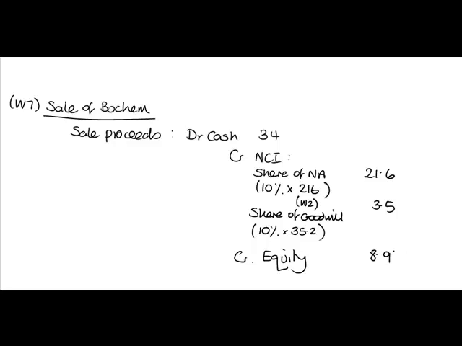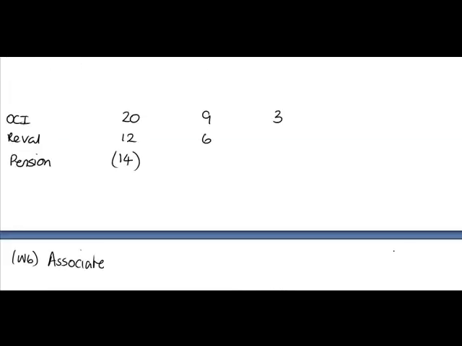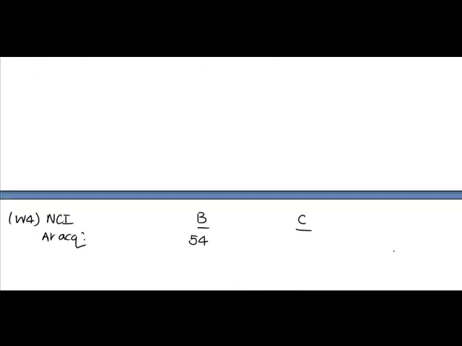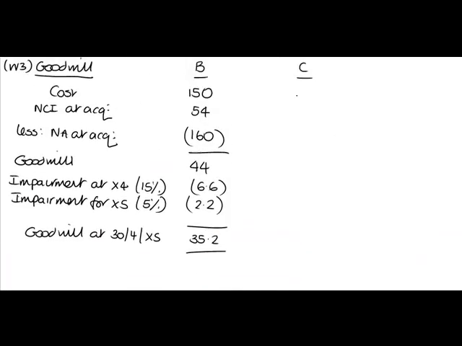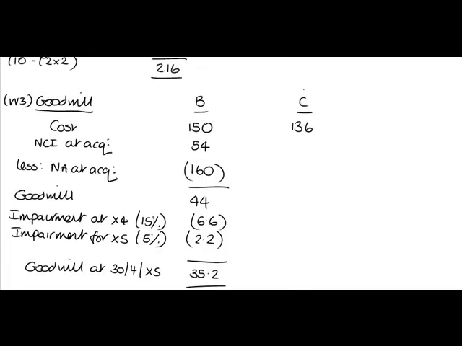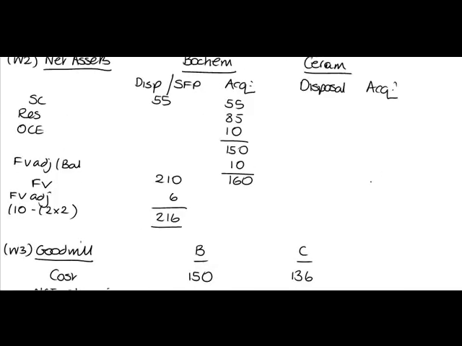And it says that Bockham acquired 80% of Ceram on the 1st of May X3. The purchase consideration was 136. So into our goodwill calculation, I stick a figure of 136. The net assets had a fair value of 115. So I'm going to go here, net assets 115.